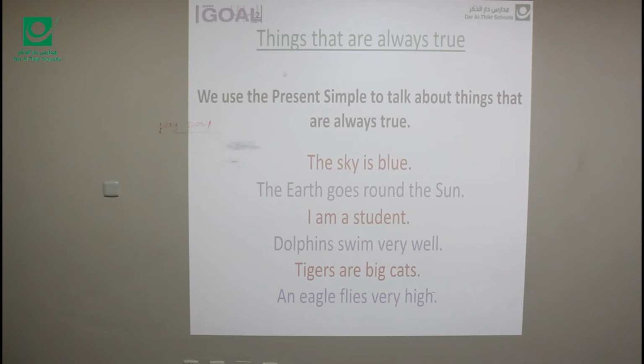I am a student. Dolphins swim very well. This is a fact too. Tigers are big cats. An eagle flies very high. So when you want to talk about things that are always true or scientific facts, you can use the simple present tense.